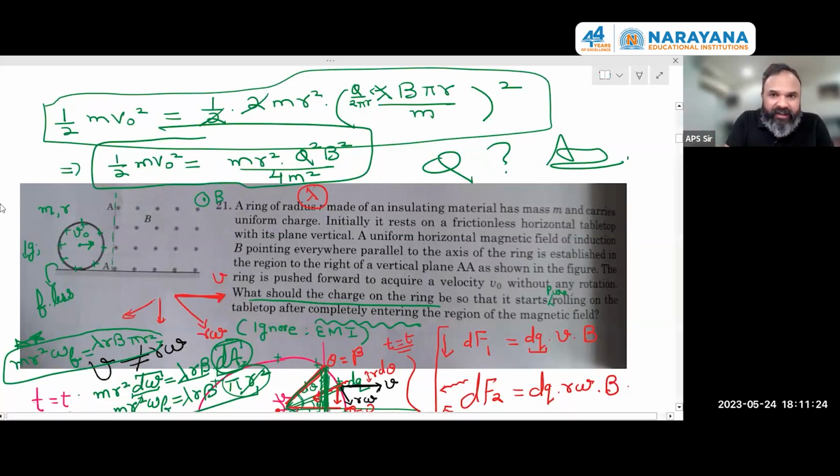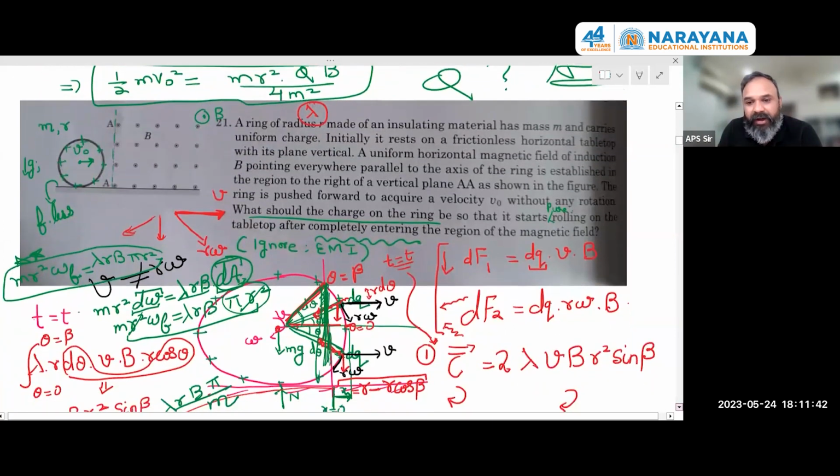If you look into the essence of the problem, what was the core concept in the problem? Energy conservation you are going to use. The second equation is actually the equation of angular impulse that I have used. What I have done at t is equal to t, I have written the angular impulse. Basically, I have written tau dt.